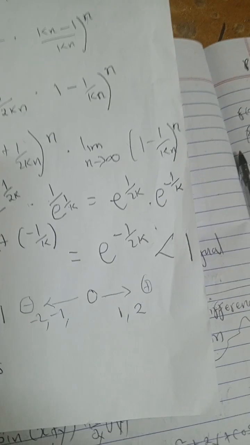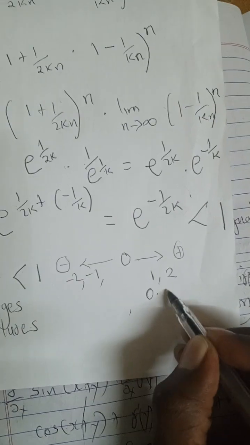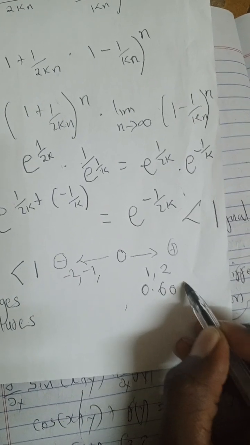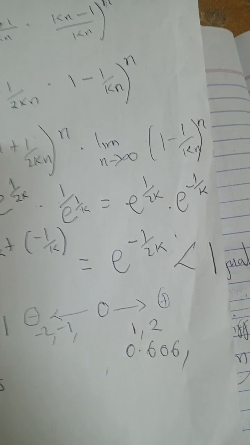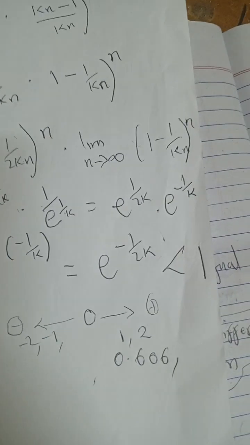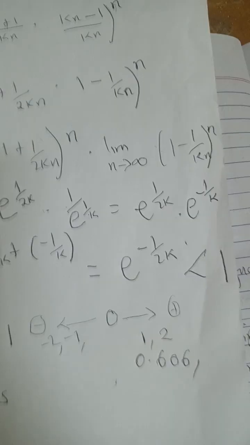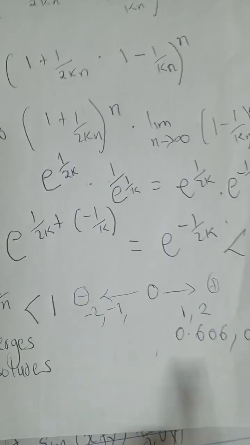And the answer I'm getting is 0.606. So let me try to plug in 2. So I'm going to have e raised to the power -1 over 4. So what I'm getting is 0.77.